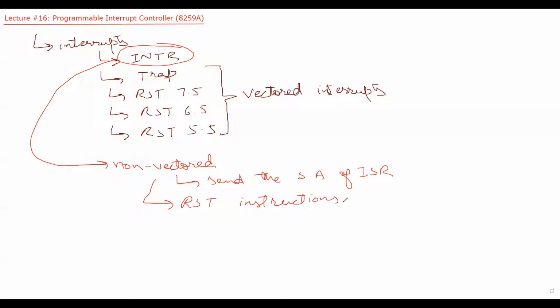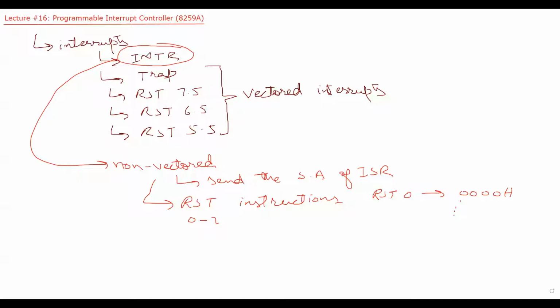We know that we have RST instructions from 0 to 7. These RST instructions can be sent by a microprocessor, and every RST instruction specifies one memory address. For example, RST 0 specifies the 0000H address, and likewise others. This INTR interrupt is used to do input-output communication.